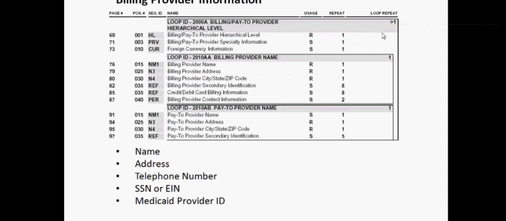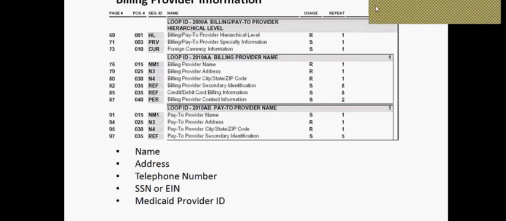The billing provider. We have seen the submitter, and now let us see the billing provider here. So billing provider information, again, if you look into these loops here, the billing provider can occur multiple times.